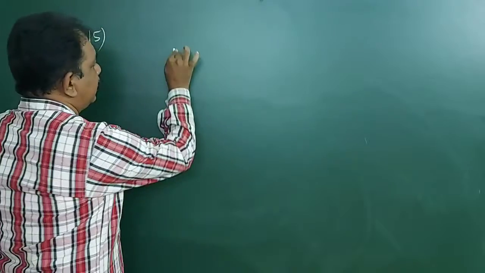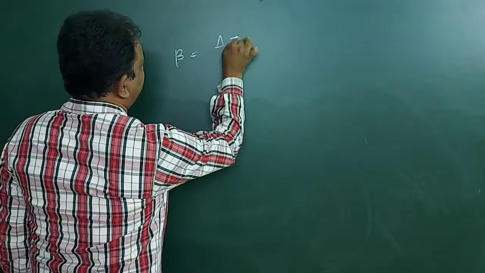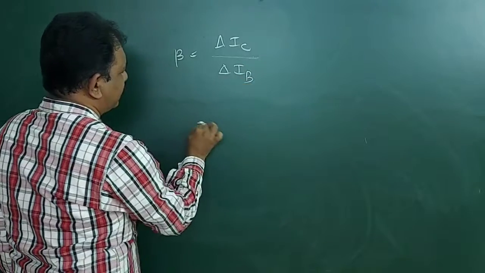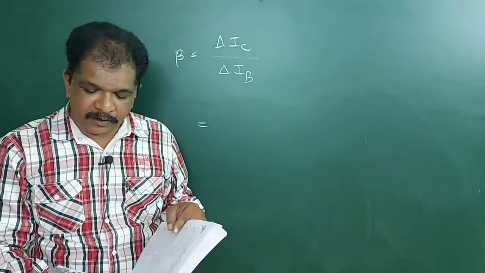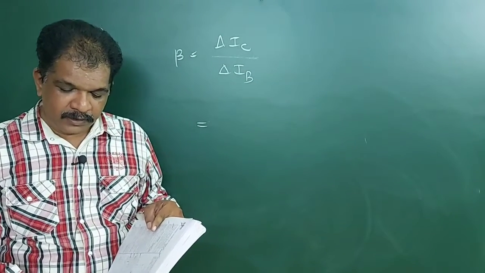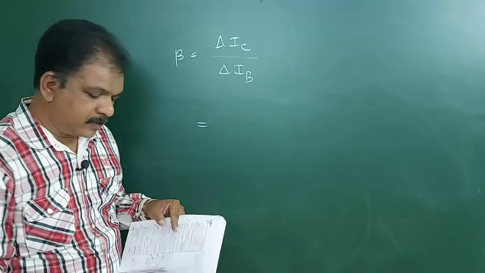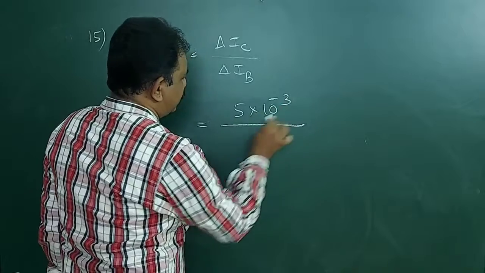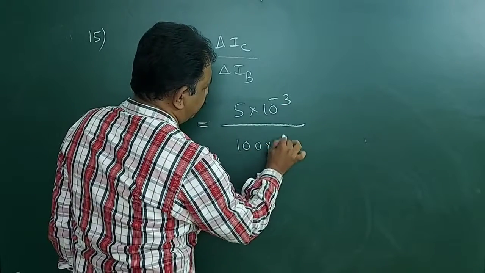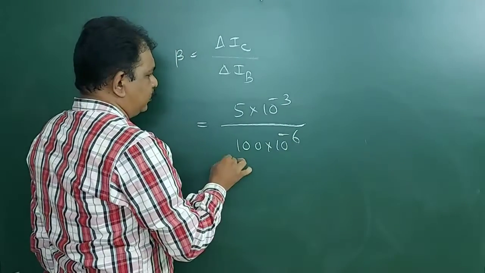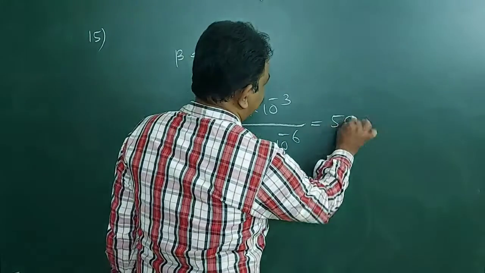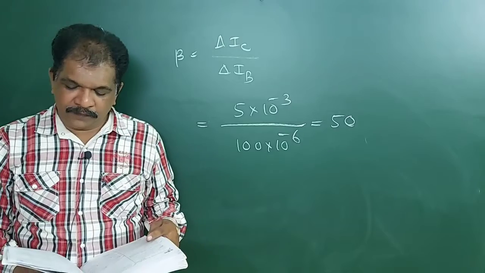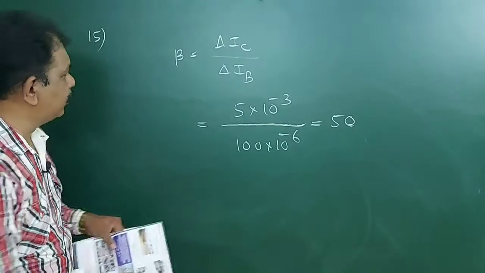Current gain beta is equal to delta IC by delta IB. Delta IC value will be 10 minus 5, so 5 milliampere. Base current change is 100 microampere. So it becomes 50. So the 15th question will be the third option.